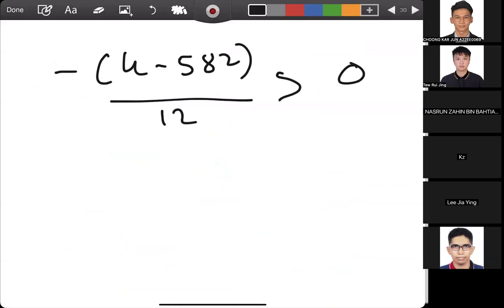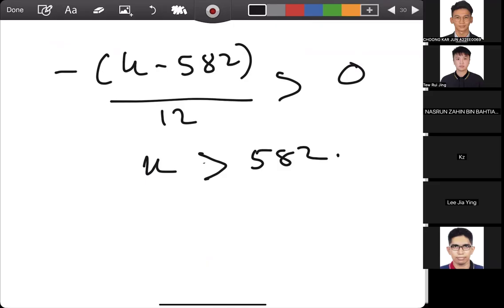Okay. Greater than 582. Is this correct? It seems wrong. Is it correct? Because I don't have the answer. Is it correct?